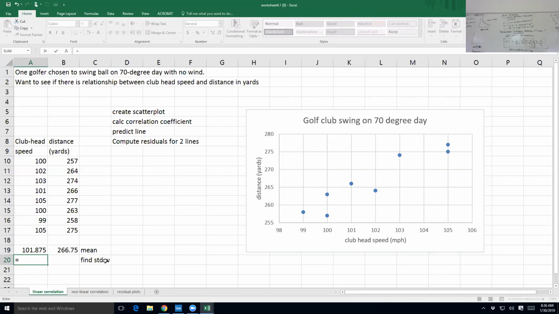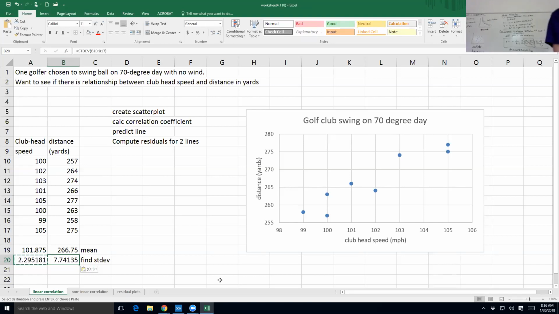The sample one, the dot S. Now, do I want to include my mean in there? No, just the raw data. So the standard deviation is 2.29 miles per hour and 7.74 yards.